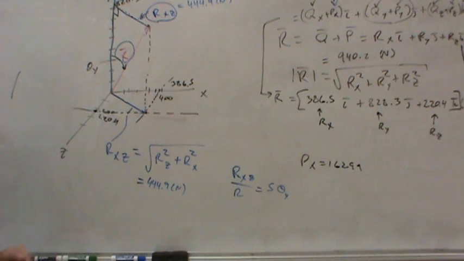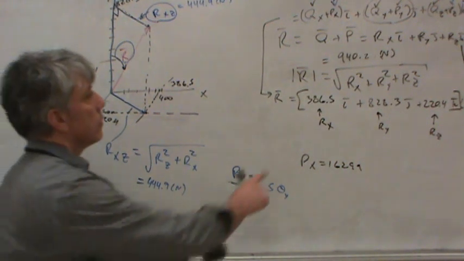All right, so theta y. Somebody tell me theta y. You've got the equation. It'll be arc sine or inverse sine of RXZ over R. What did we say the resultant R was again? 940.2.